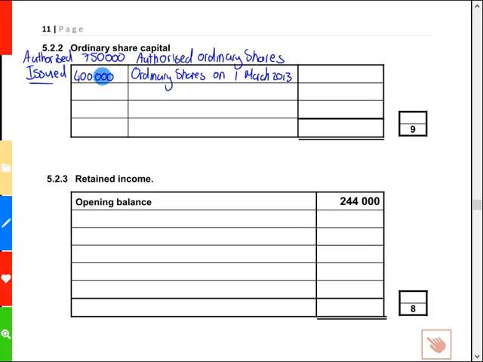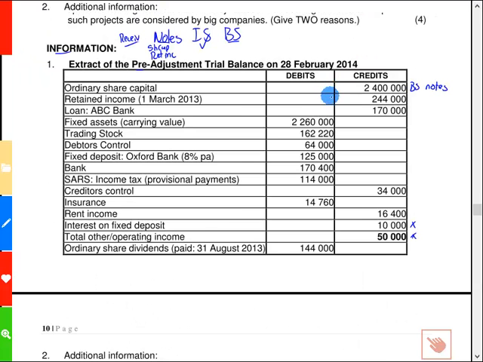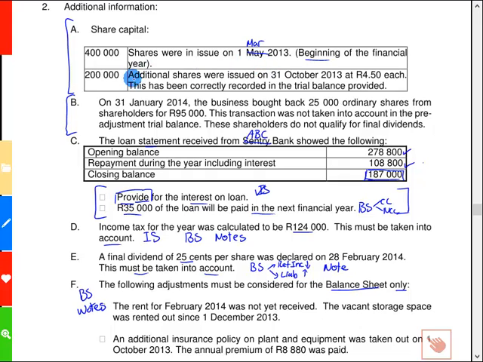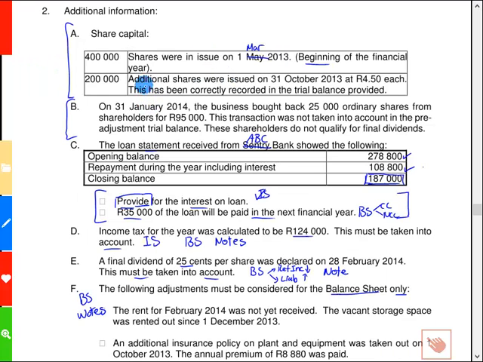We know that there are 400,000 ordinary shares, and the total for that was 2.4 million. Right, let's go here. Then 200, sorry, that's not correct. We don't know yet what this total is. We have to calculate that. We know that there were 400,000 shares on the 1st of March at the beginning of the year.